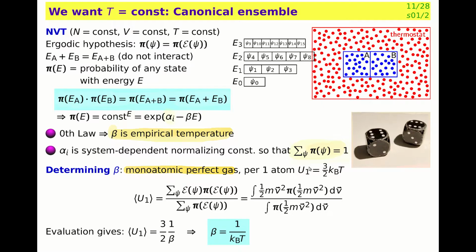Okay, so we know the energy per one atom, and using this I will calculate the internal energy, which can be expressed as this integral. But don't worry about it, I am not going to prove it. Just you should know that using a monatomic ideal gas, I will calculate the internal energy, and on comparing it with the equipartition principle, I'll get this formula for beta.